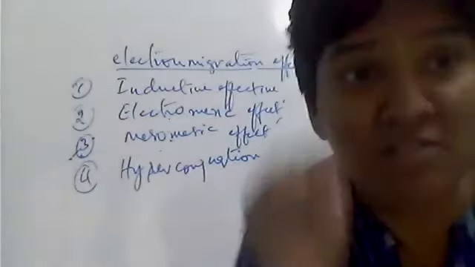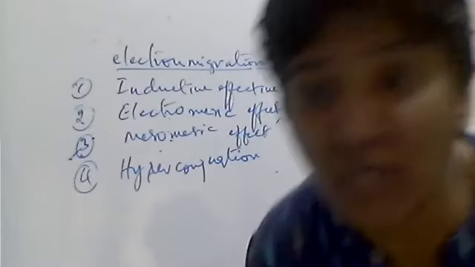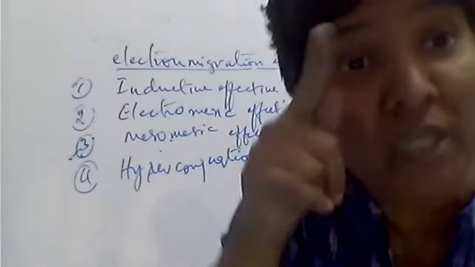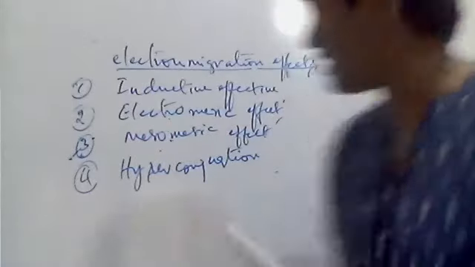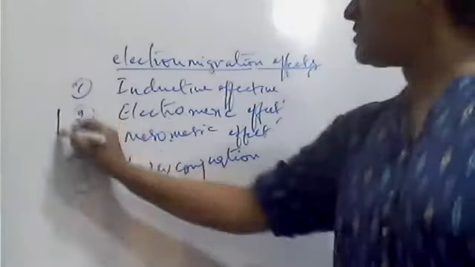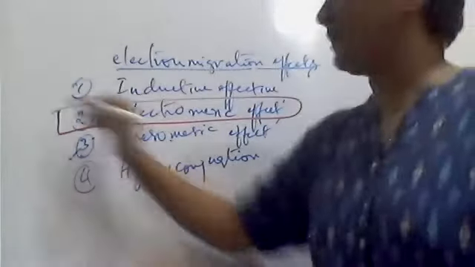And there is one effect, only one effect, listen all of you, which takes place only during the reaction, and that is the electromeric effect. Remember, this electromeric effect is temporary.